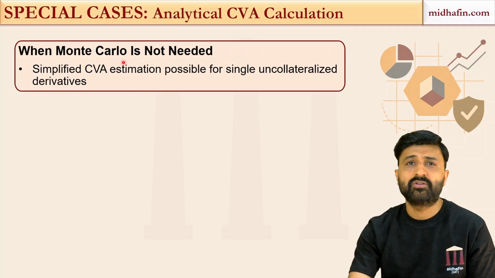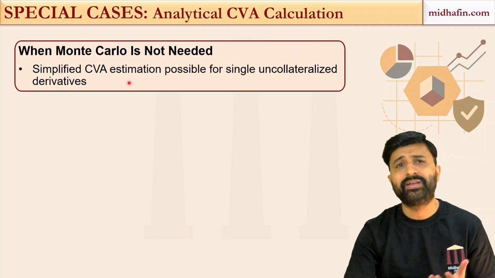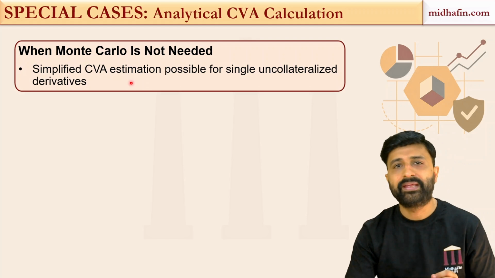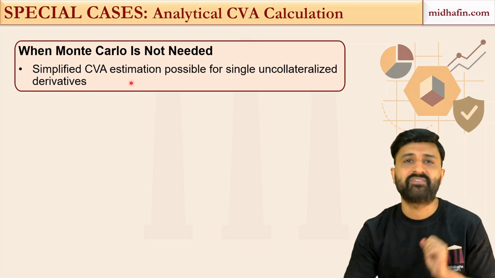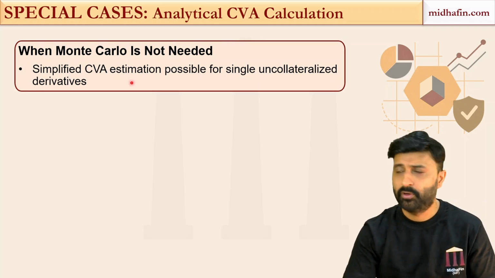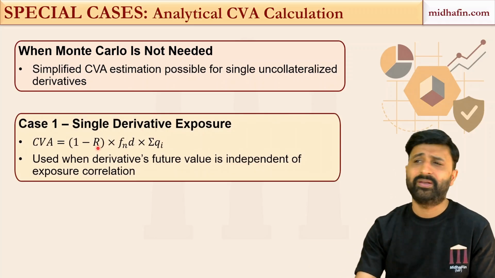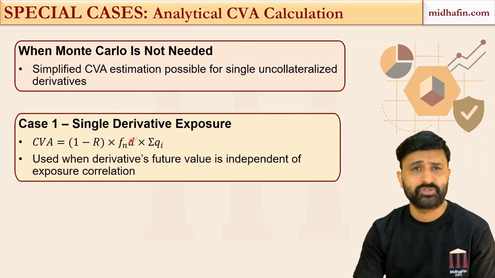When Monte Carlo simulation is not needed: sometimes you don't need full scale simulation to calculate the value of CVA. If you are dealing with a single uncollateralized trade, say one bond or one option, you can derive it analytically. Let's take the first case, single derivative exposure.